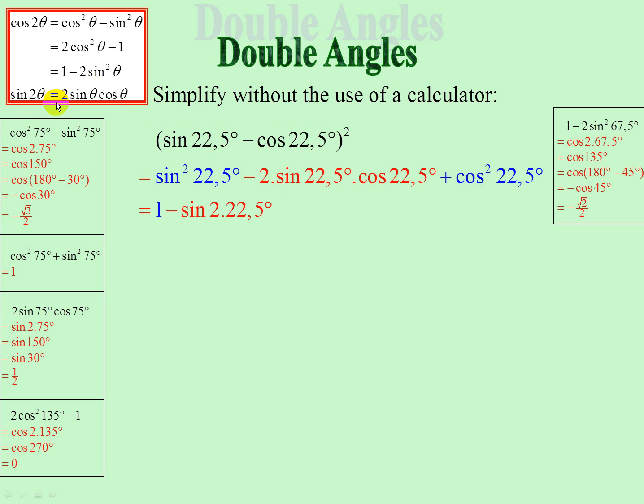So therefore 2 sine 22.5 degrees cos 22.5 degrees will be sine of twice 22.5 degrees. Well, quite simply that's sine of 45 degrees. 45 degrees is a special angle, sine of 45, root 2 over 2. So there we are. Go on, find a common denominator. It's better that way. It's neater.